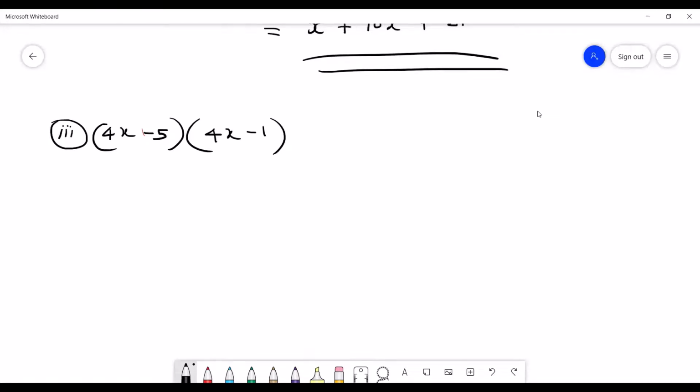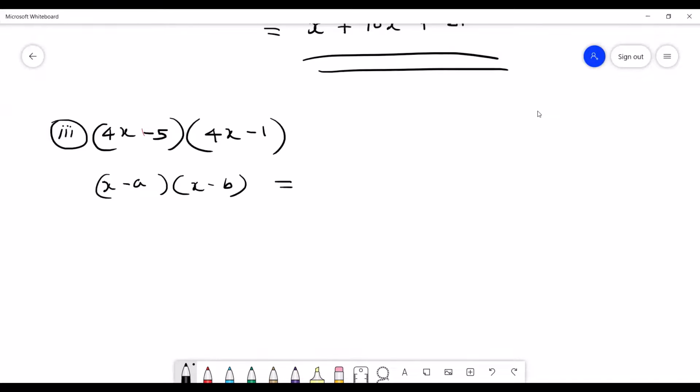But here it is 4x minus 5 and 4x minus 1. It means that instead of plus, it is coming as minus. So what we have to do? So what will we having, the equation x minus a into x minus b.